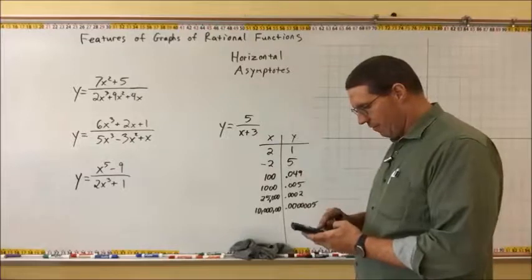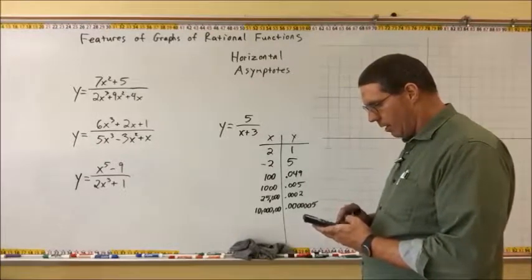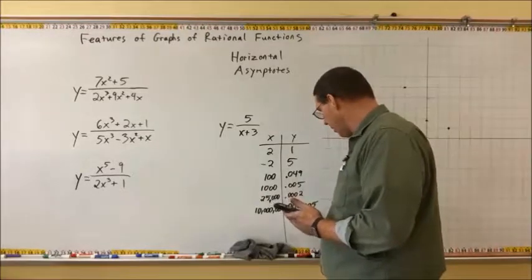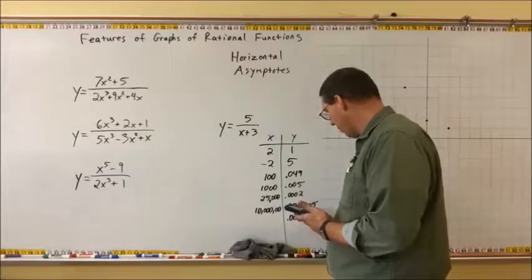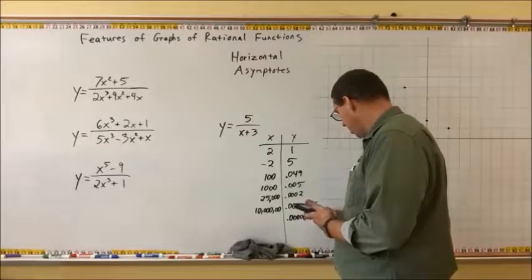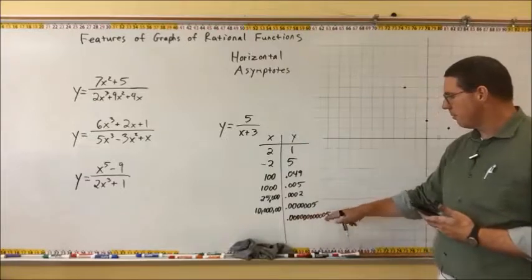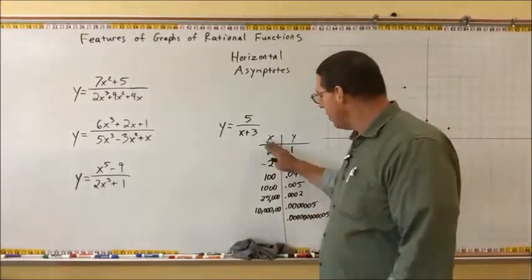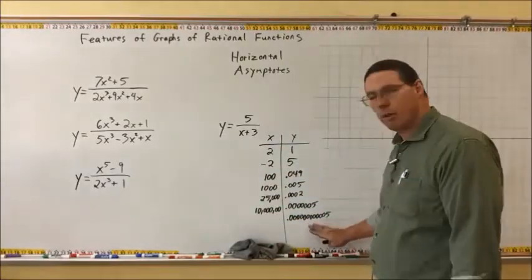If I put in 5 divided by 999,999,999, I get about 0.000000005, even closer to 0. As my numbers get ridiculously large, my output gets closer and closer to 0.